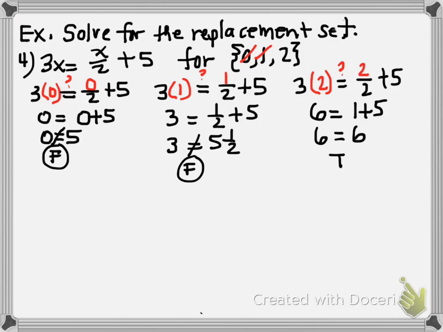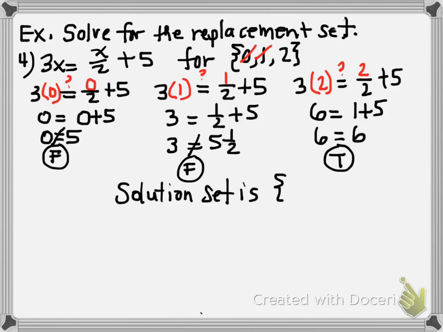Finally, we get something that's true. So what we say is the solution set is 2. Now, I can write it that way, or I could have written it as x equals 2. Both of those are acceptable answers.